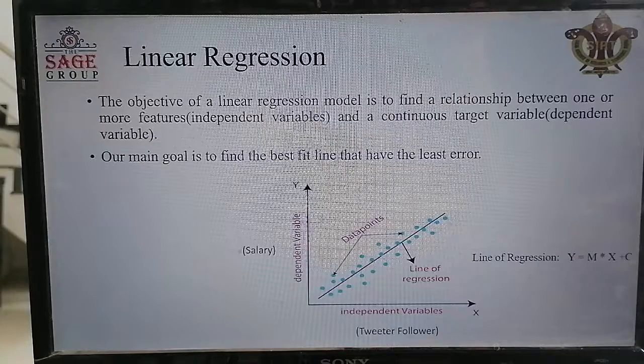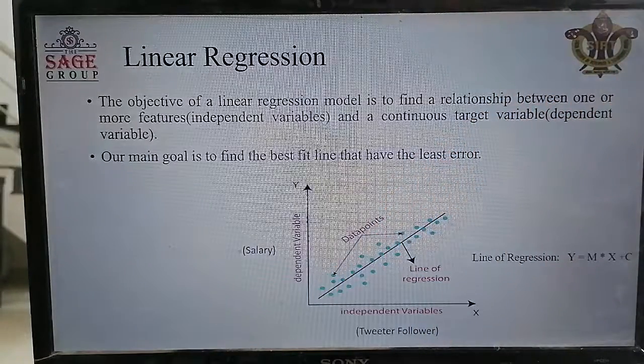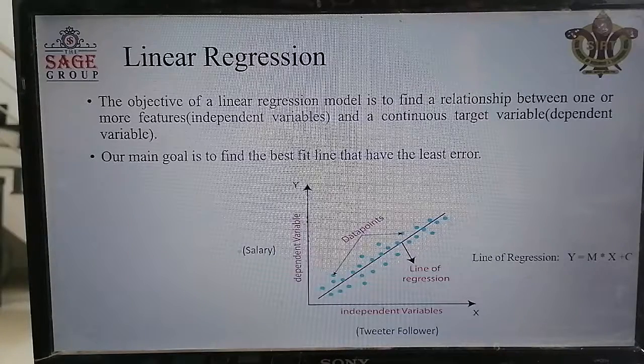So we find the best approximate linear relationship. As you can see here, the black line is the best approximate line, or we can say the line which has the least prediction error, the line of regression.